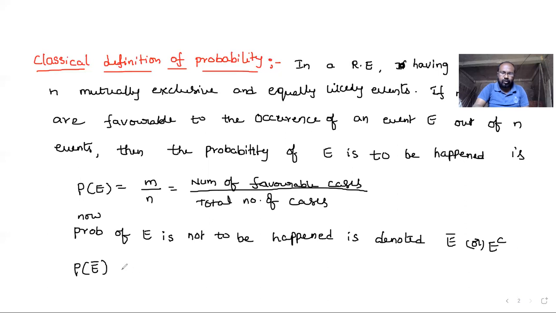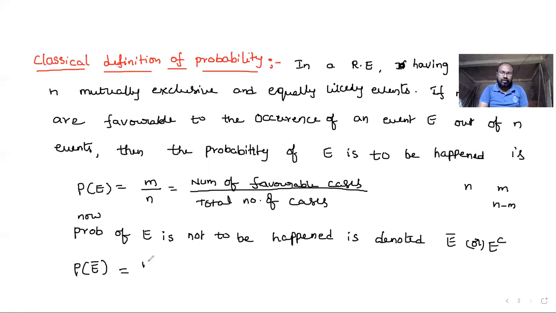See here, the total cases are n. Out of n, m are favorable, so the remaining are unfavorable to the happening of E. So unfavorable cases are n minus m.